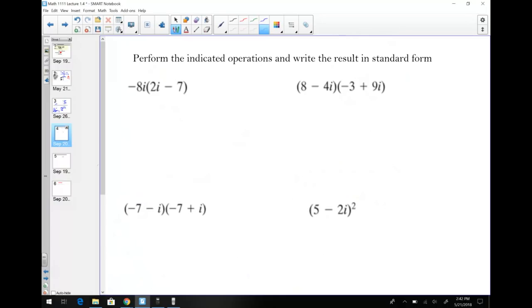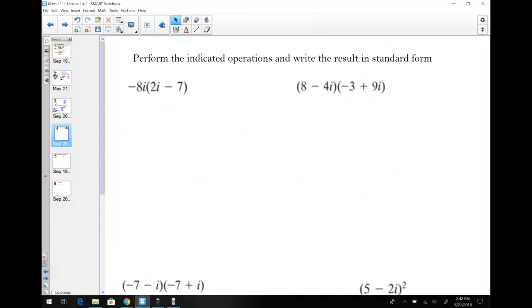Okay, so now multiplication. It says here to perform the indicated operations and write the result in standard form. I can already tell you right now, we're going to probably need a little bit of room. We multiply this through, just using our distributive property like we normally would.